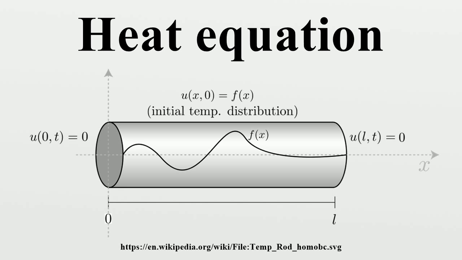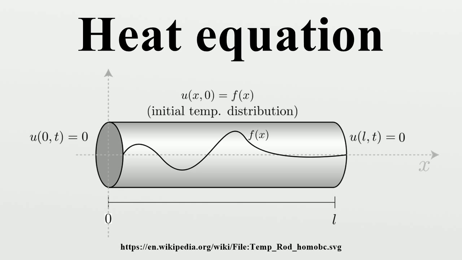Three-dimensional problem: in the special case of wave propagation of heat in an isotropic and homogeneous medium in three-dimensional space, this equation is, where U equals U of x, y, z, t is temperature as a function of space and time, U_t is the rate of change of temperature at a point over time, and U_xx, U_yy, and U_zz are the second spatial derivatives of temperature in the x, y, and z directions, respectively.